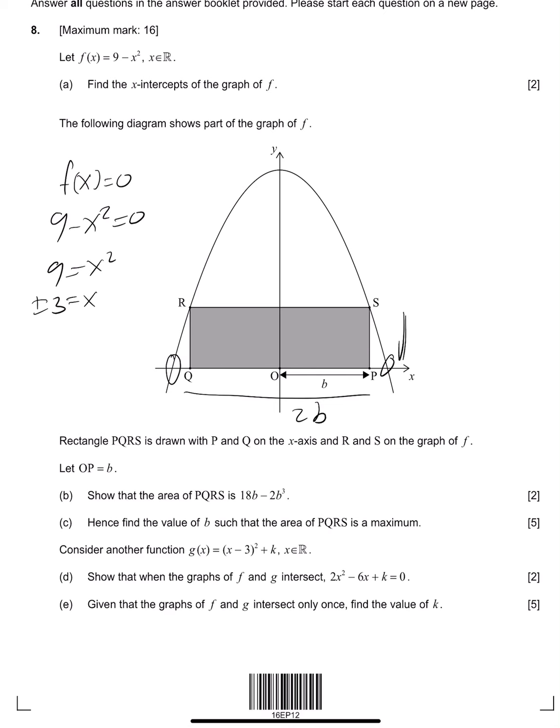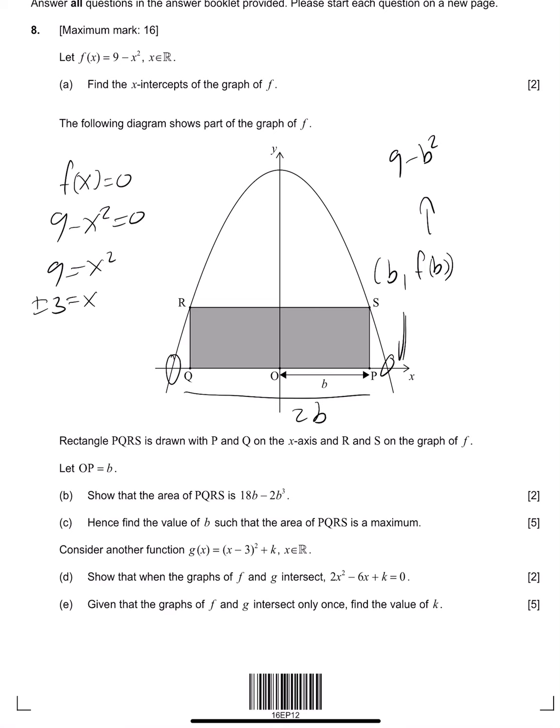The coordinates of S are going to be b and f of b. Well, f of b is just going to be 9 minus b squared. It's the value of f when x equals b.